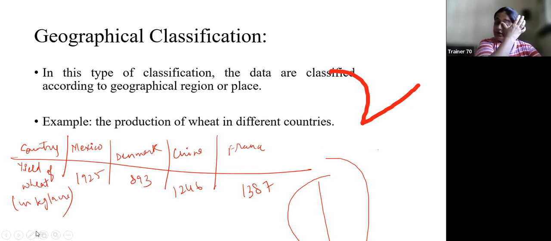What we have done, we have classified our data on the basis of geographical boundaries. We have shown country-wise production of wheat in kilogram per acre. So how much is being produced in Mexico, in Denmark, in China, in France. This is the geographical classification.